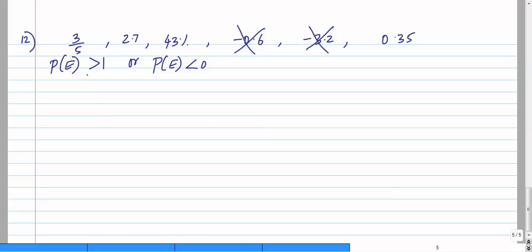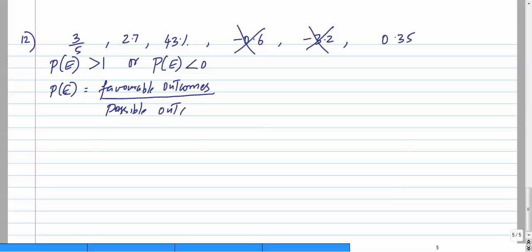And no way can it be greater than 1. Why? We have seen the probable outcomes and favorable outcomes. Suppose the probability of E is favorable outcomes upon possible outcomes.